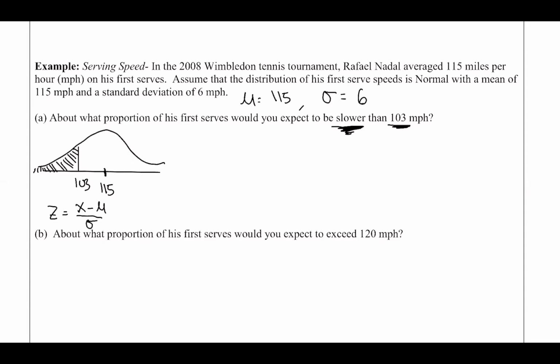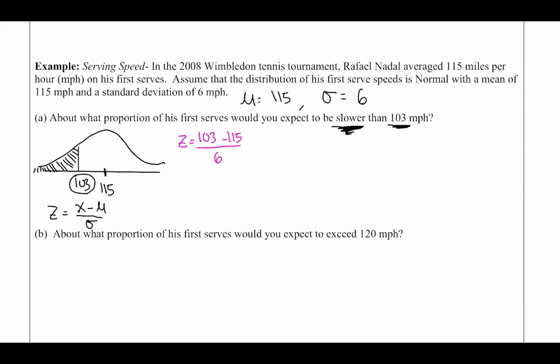So in this case, since we're trying to find the probability for 103, my x will be 103. So I do 103 minus 115, and you divide this by the standard deviation, which is 6. All right, so let me stop there for a minute. Any questions so far?